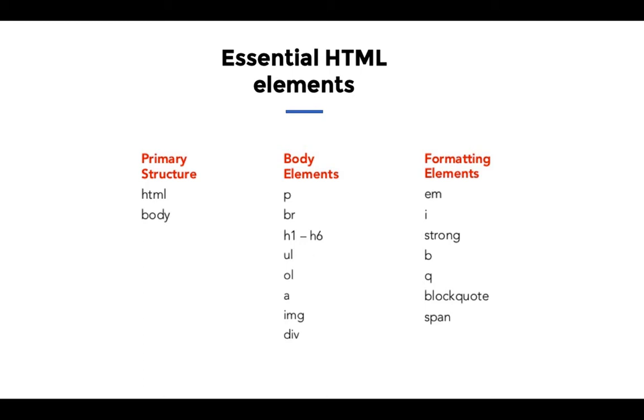So what you are referring to, I think, is that the i has started to be used for icons. Yes, that's correct. Because it fits. It's an i, an i for an icon. But yeah, it can also be used for italics, and the same with the em. Strong and b both are for bold.